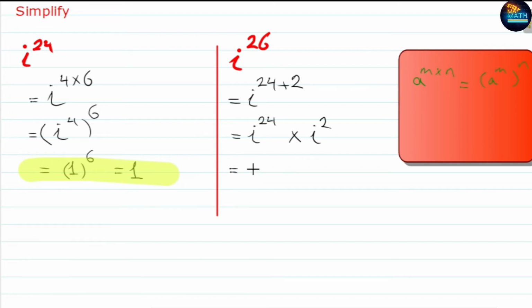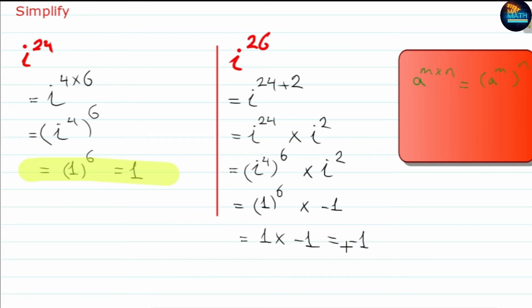Now, i to the power of 24 is equal to i to the power of 4 all to the power of 6, multiplied by i to the power of 2. i to the power of 4 is 1, so 1 to the power of 6 multiplied by i to the power of 2, which is equal to negative 1. So it's equal to 1 multiplied by negative 1, which is equal to negative 1.